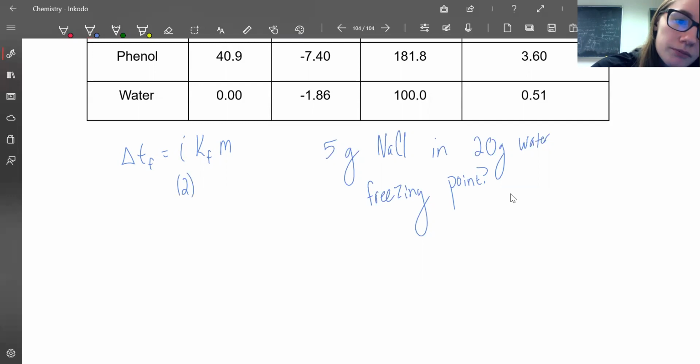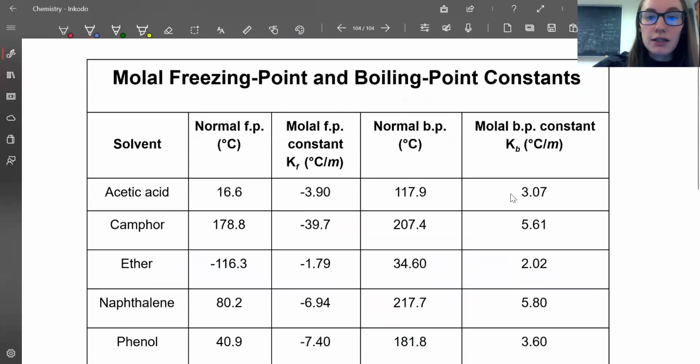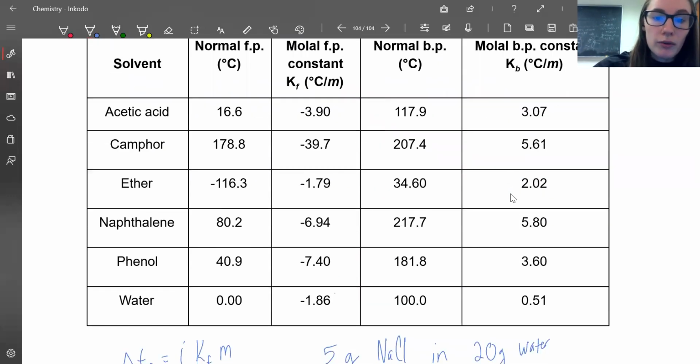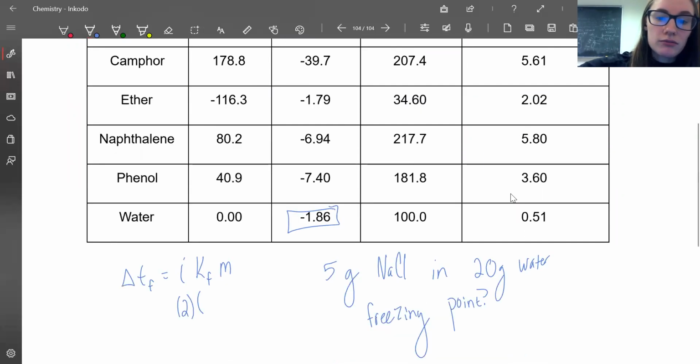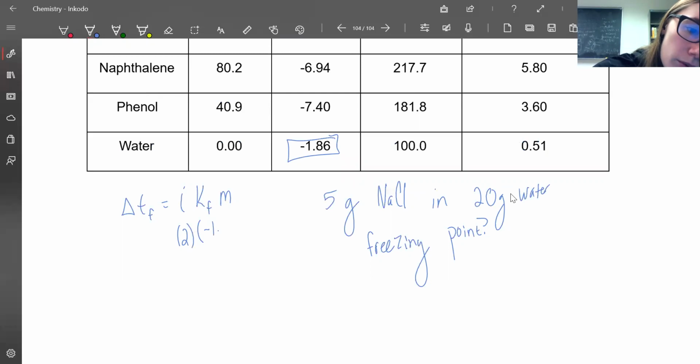That's still 2. We look for our freezing constant this time, all the way down here: negative 1.86. And our molality from last time was about 4.3. I am just pulling these numbers from earlier. If you don't know how to find these numbers, go back to the boiling point section.